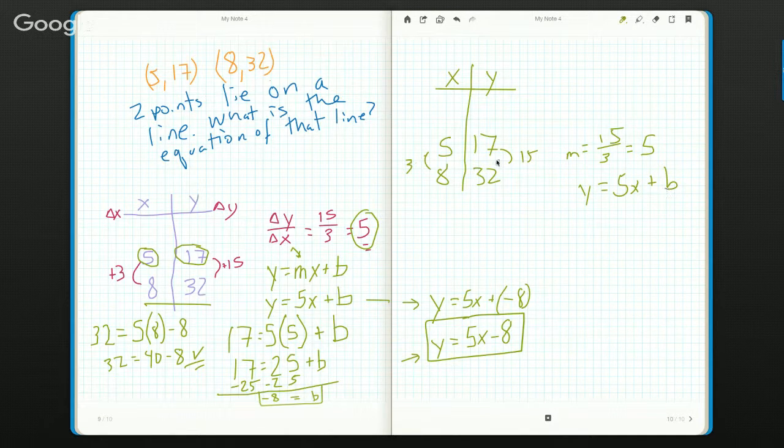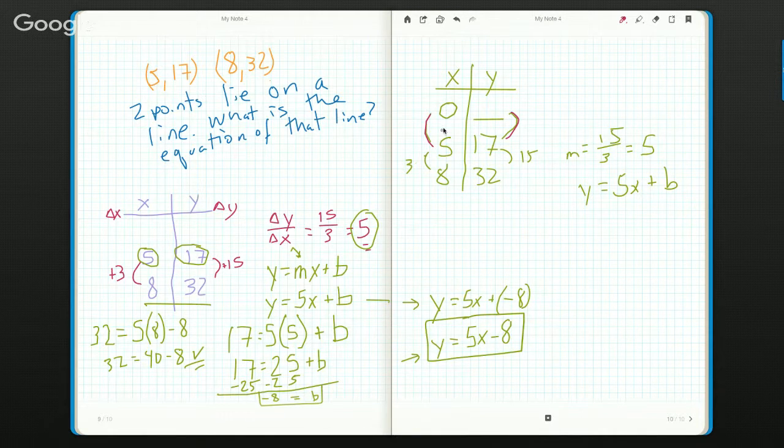And now the way that we're going to find our b is we need to know what happens when 0 is our input. What is our output? Well, we know that delta y over delta x has to equal 5. Let's do it in a different color.